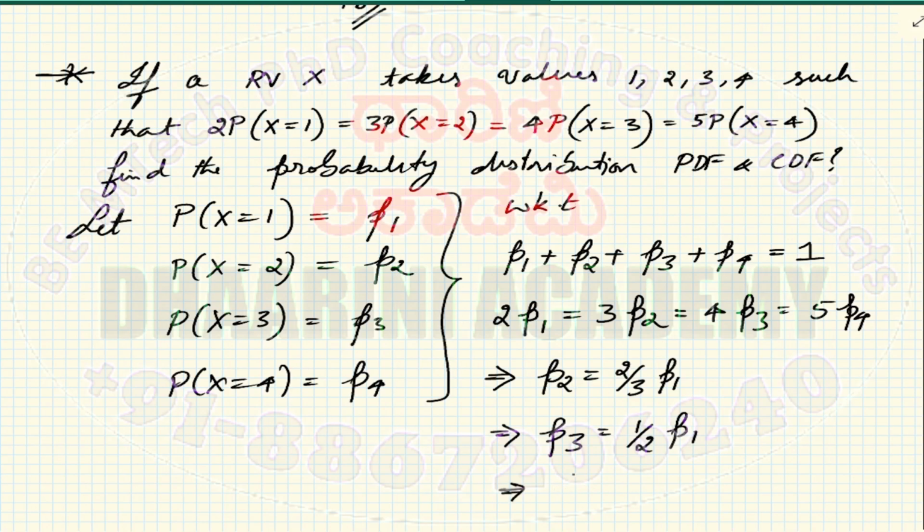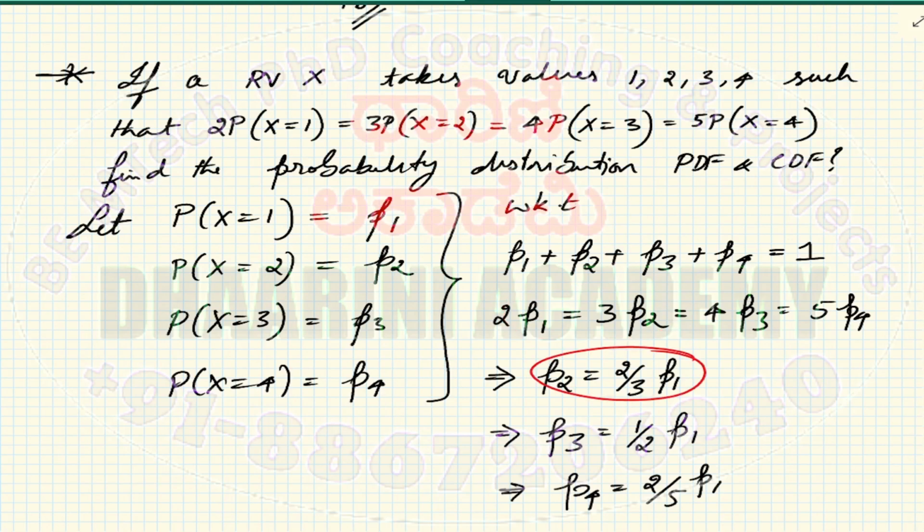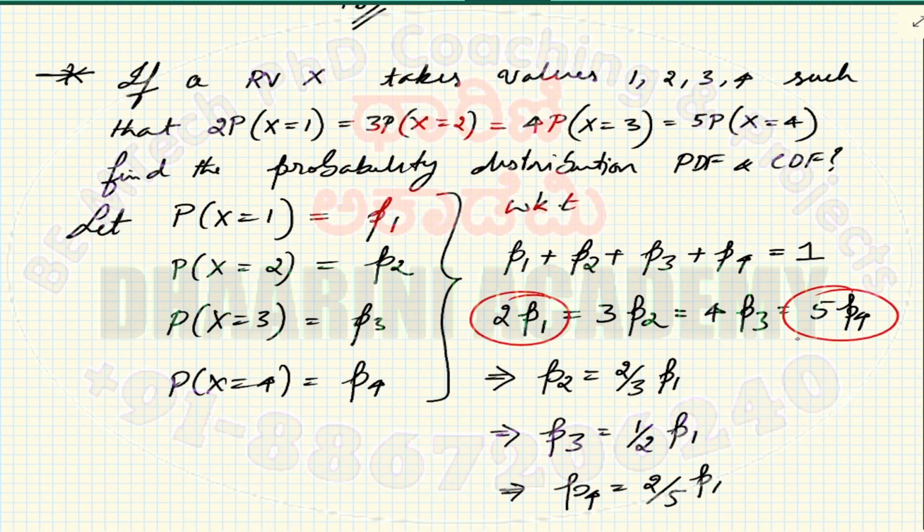Very similarly, p4 can be replaced as 2/5 of p1. I compare 2p1 equal to 4p3 and write p3 equal to half of p1, and the final one I write by comparing the last two.